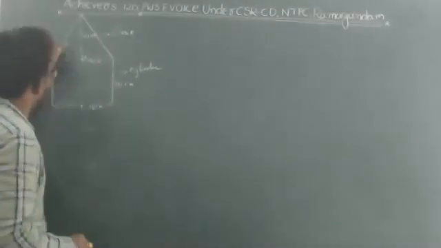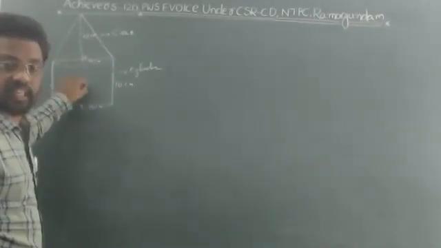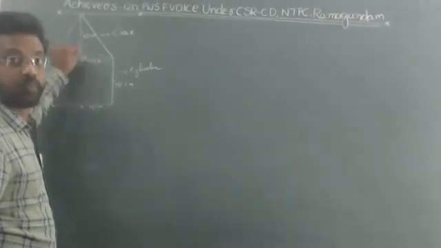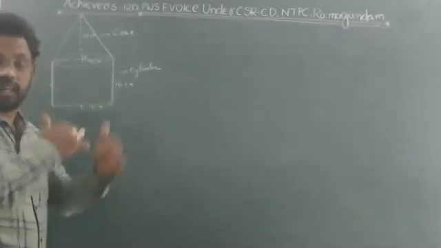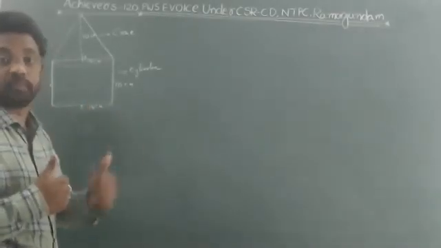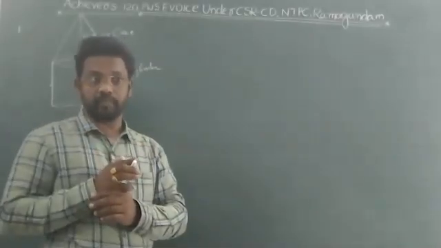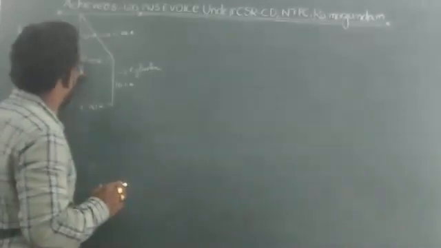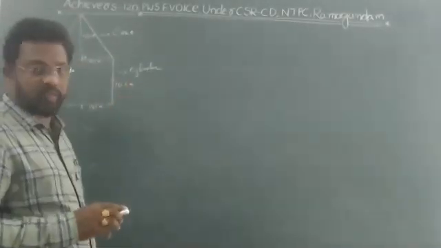Total in the sense we are adding both figures, the cylinder and the cone, so we are calling it total. But don't go with the total surface area. Here only curved you have to use.